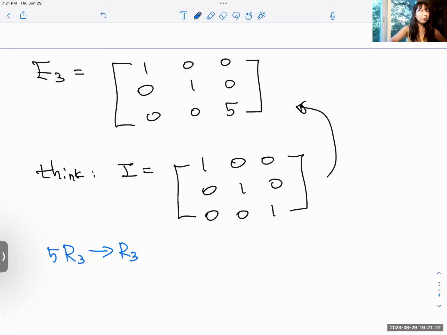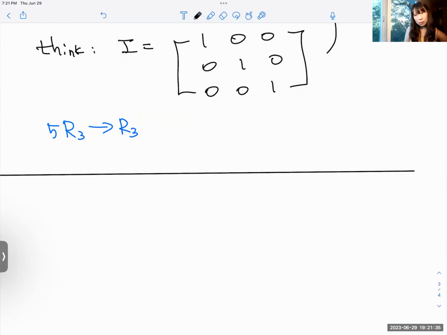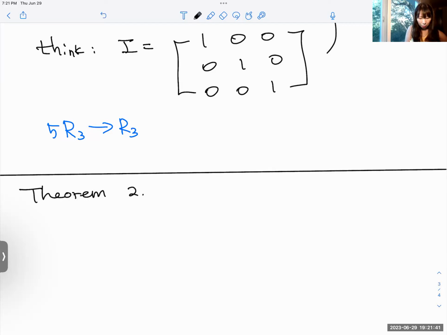Okay, now we have a theorem. Theorem 2.8.1, multiplication by an elementary matrix and row operation. Let me just skip the title.